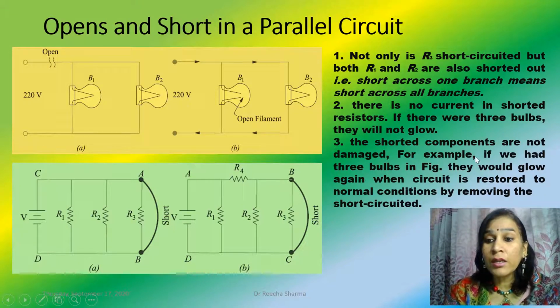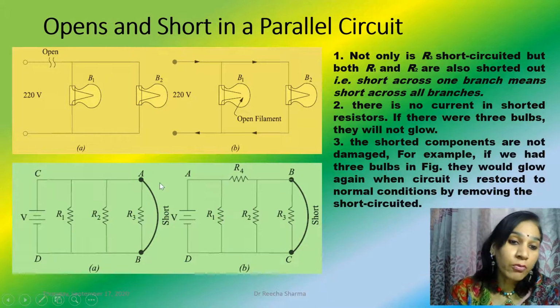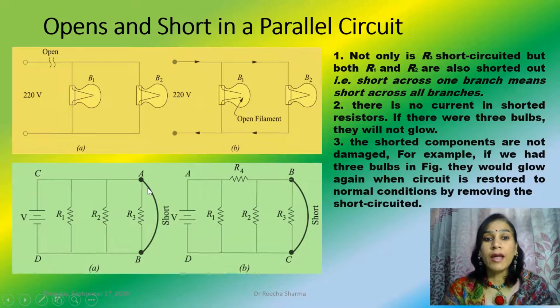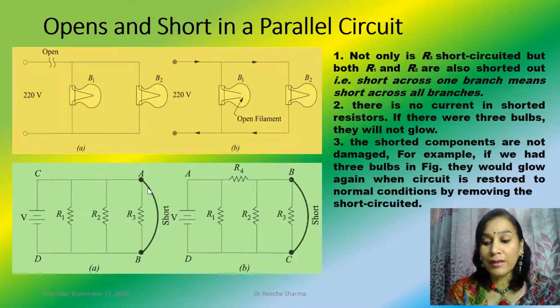For example, if we have 3 bulbs, they will glow again when the circuit is restored to normal conditions by removing the short circuit. When we remove this short circuit wire, all 3 bulbs B1, B2 and B3 will glow. So this is about short and open in the parallel circuit.